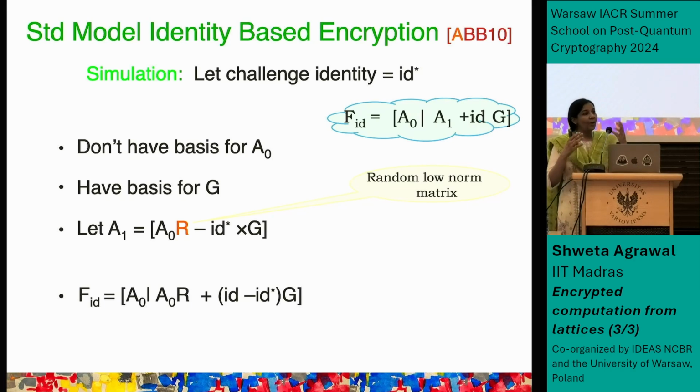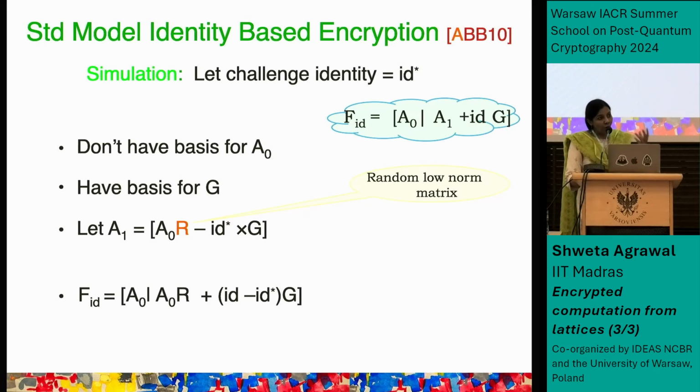So we went over this proof strategy for the GPV IBE, where we said that the challenger should be able to answer queries for ID not equal to ID star, should not be able to answer the query for ID star, and should be able to embed an LWE challenge within the challenge ciphertext. These were the three things that we wanted. Now what I'm trying to show you is how I make this work in the standard model, where you don't have a random oracle to help you.